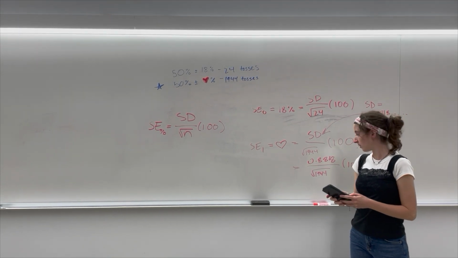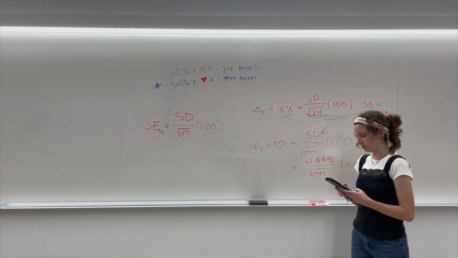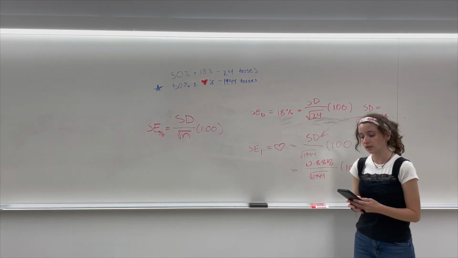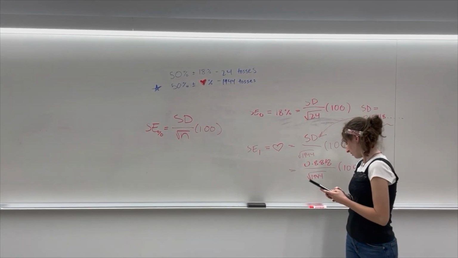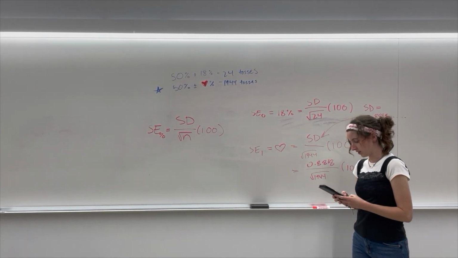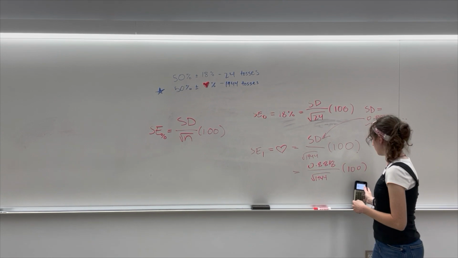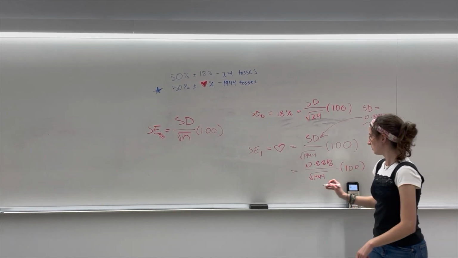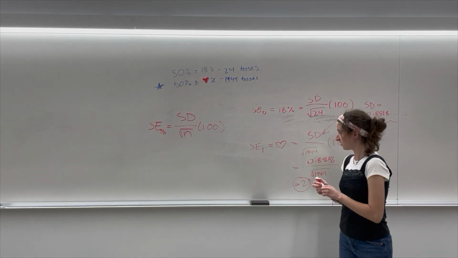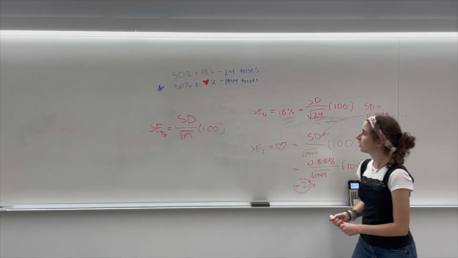So let's just do that, again in a calculator, because I'm not doing this by hand. 1944, times 100, and we get 2%. So that's your new standard error.